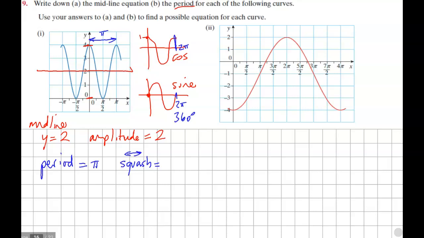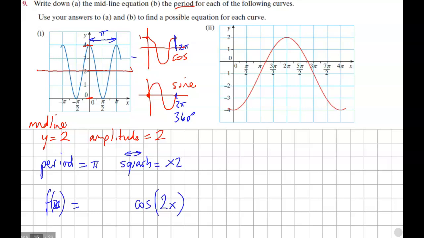So the squash is a factor of 2. So as a result, it's a cosine curve. So my function, let's call it f of x, is equal to cosine, and because it's been squashed by a factor of 2, it's 2x.